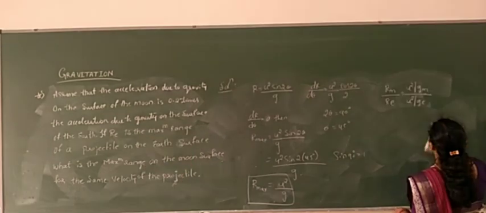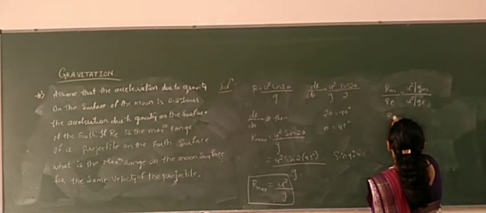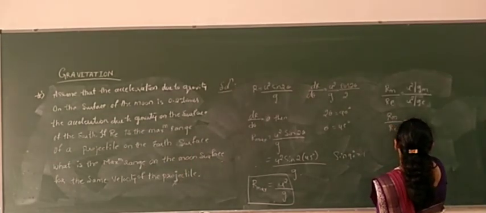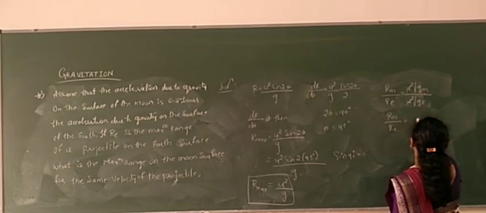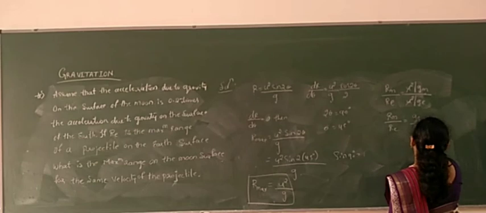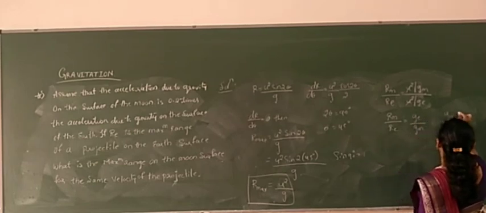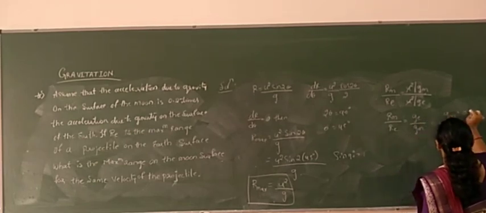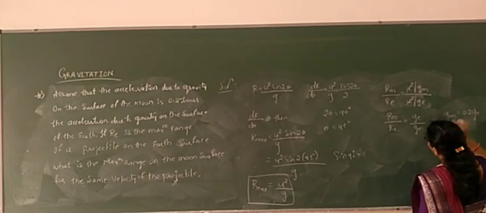Similarly, Rm divided by Re, both u square will cancel, so it comes to Ge by Gm. As given in the question, Gm is equal to 0.2 of Ge.